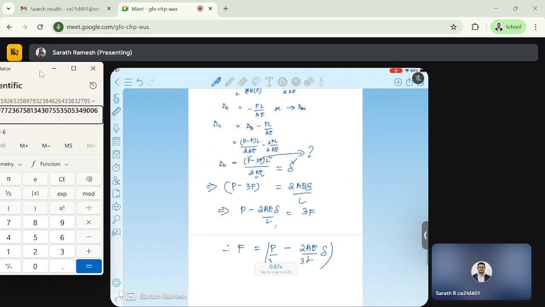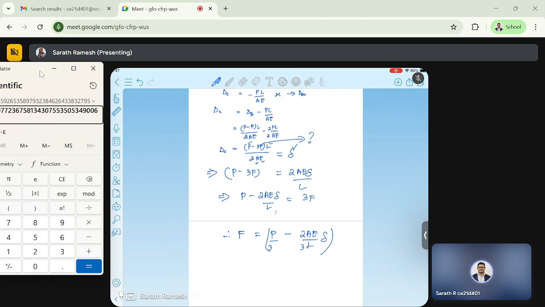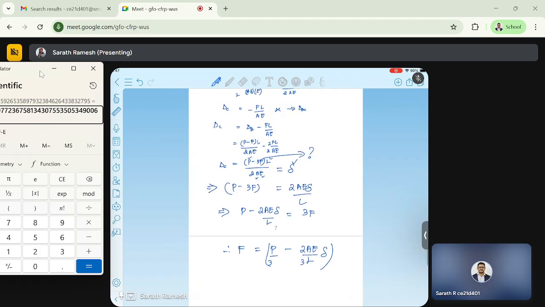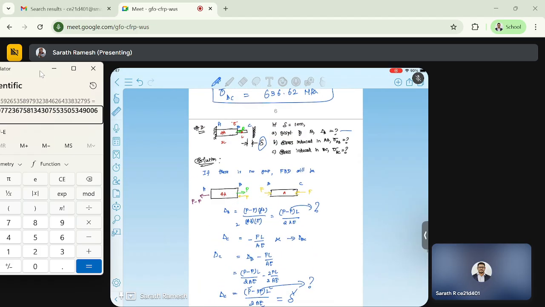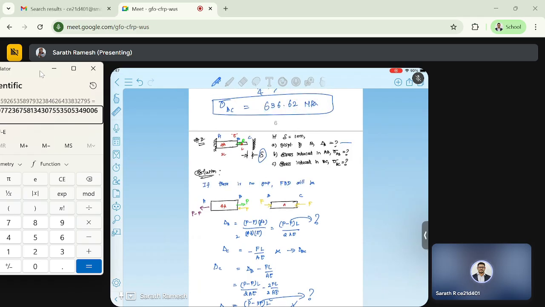But one important point to note down here is our F has to be positive, right? Why am I saying F has to be positive? If F is positive only, it means compression here because we assumed direction like this. If F is negative, it says tension, and it's not possible, right? Practically it's not possible to have a tension in a bar which is pushing down against the wall.